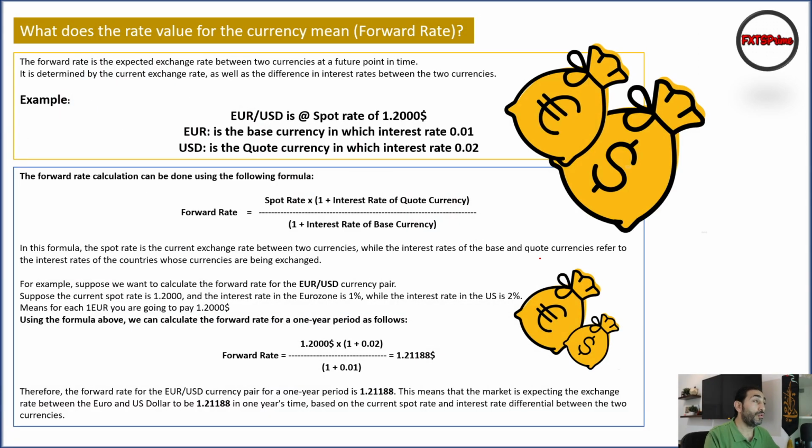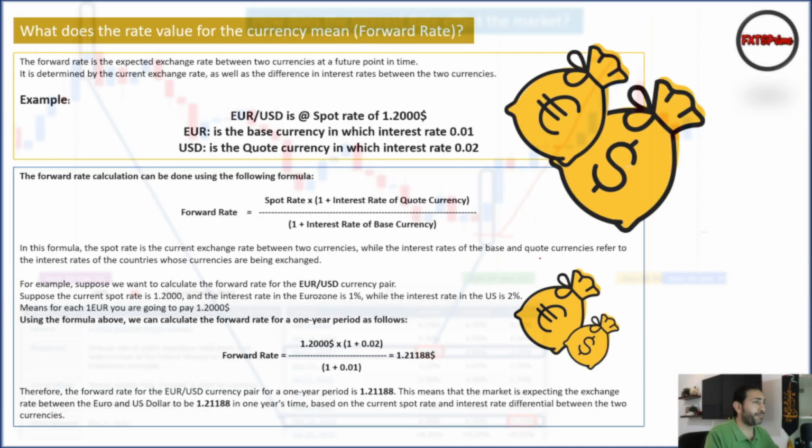However, I don't want you to calculate the forward rate. It's just for your knowledge and experience. I felt I needed to explain this so you can understand what is happening in the market, what the swap is, and why people take a swap from you.